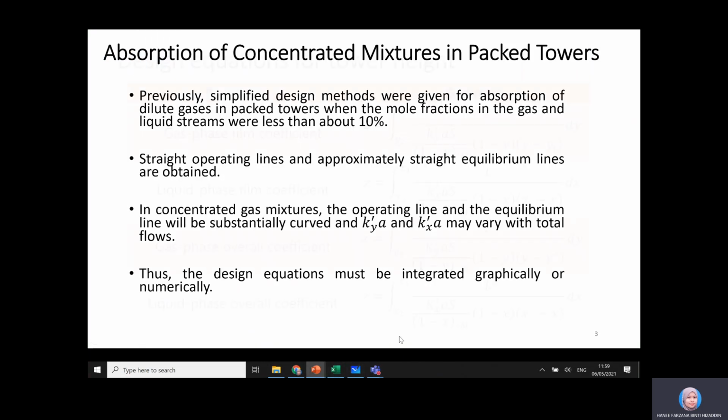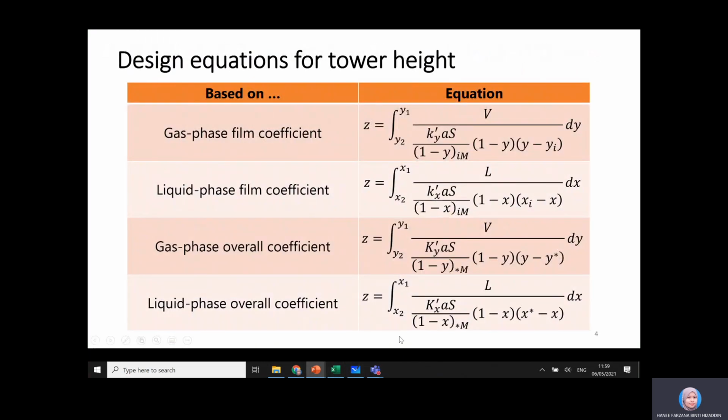Okay, so a review of the design equations for the tower height. These are the equations that you may have been familiar with to calculate the tower height based on different phase coefficients, film or overall coefficient. For the gas phase film coefficient, you use small ky a and yi.